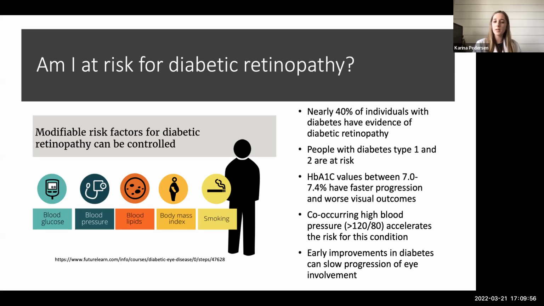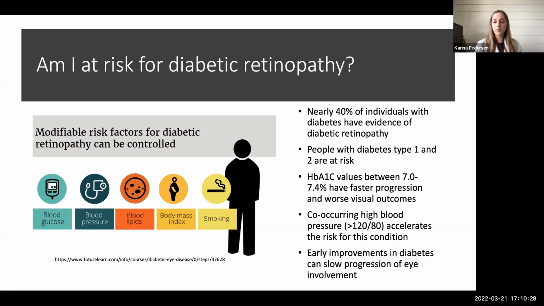There was a recent study that showed that compared to individuals with a hemoglobin A1C of 6.0 to 6.5, individuals with a hemoglobin A1C value between 7 and 7.4 have faster progression and worse visual outcomes in this disease. Also, as we'll get into in a second, co-occurring high blood pressure, which is generally considered greater than 120/80, accelerates the risk for diabetic retinopathy.